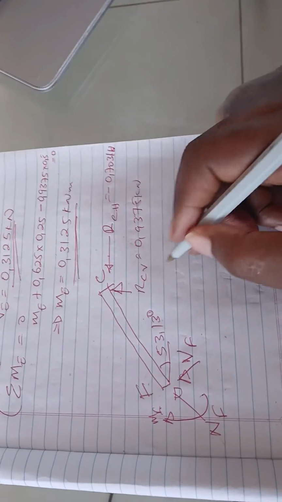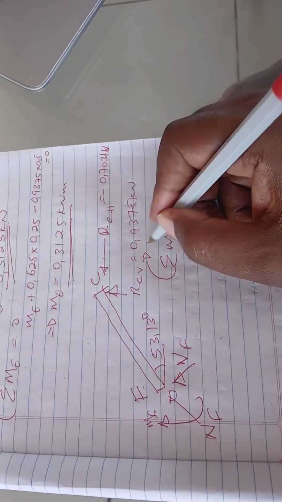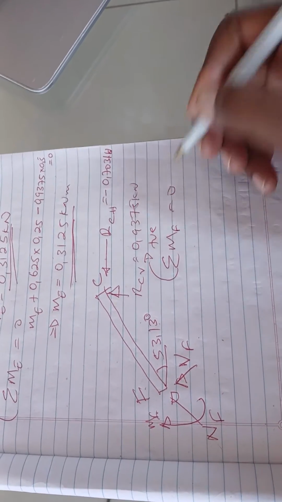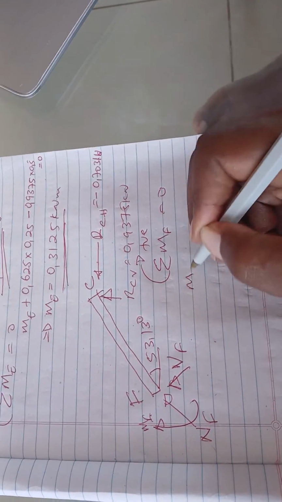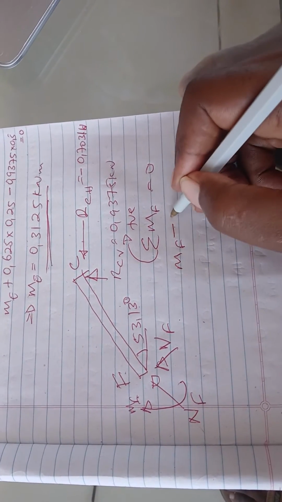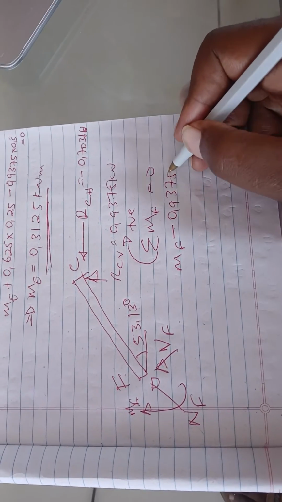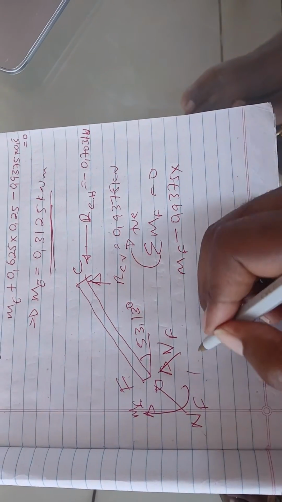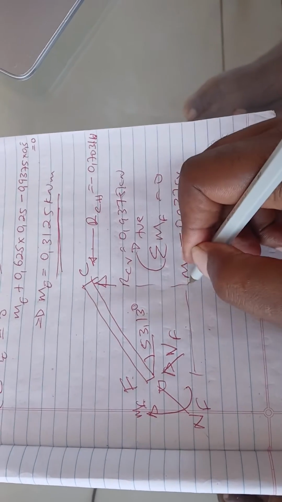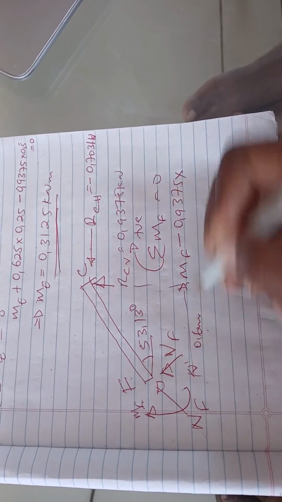So we can take our summation of moments about point F, taking the clockwise moments to be positive, to be equal to 0. So we can have our MF minus 0.9375 multiplied by, our distance from this point to that point is 0.6 meters.